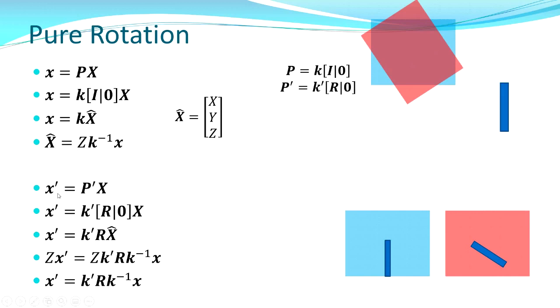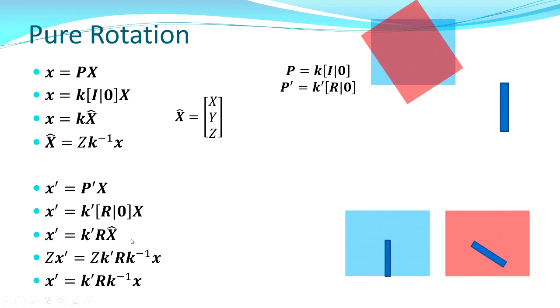Now for x dash there will be a small change. Because x dash is also K'[R|0]X, again this 0 will cut out the 1, so again there will be an x cap over here, and there is this R and K dash. So this is our equation now.